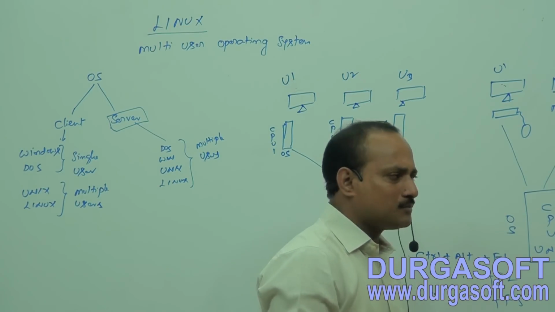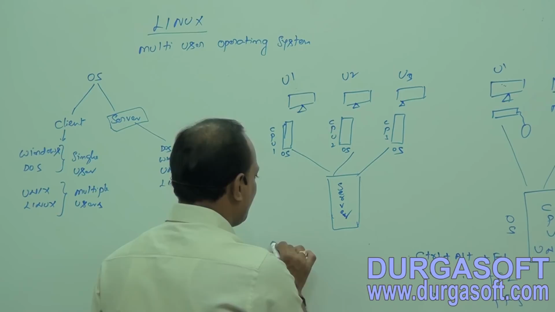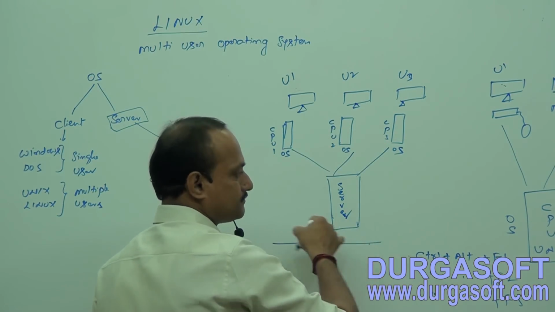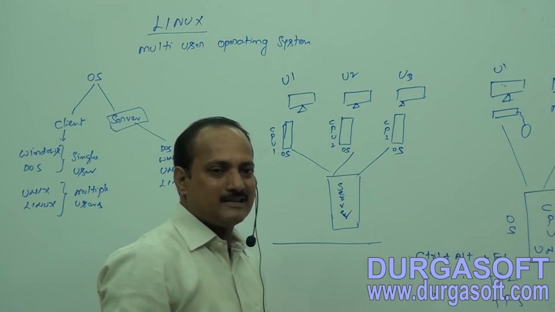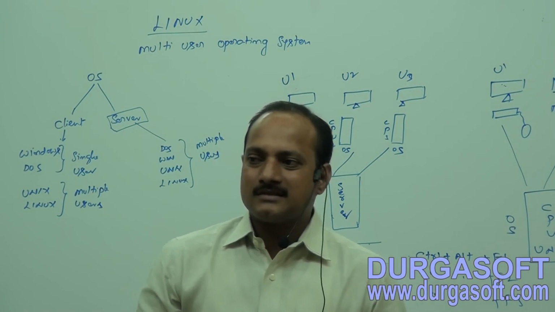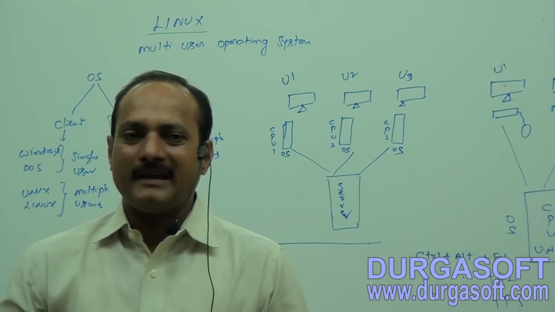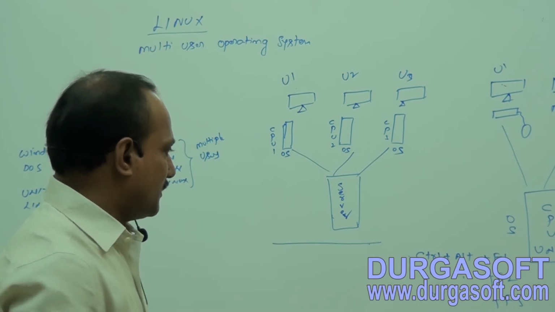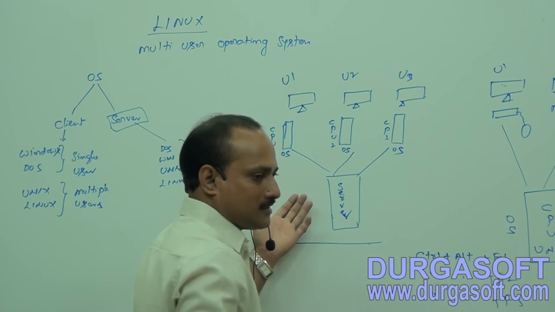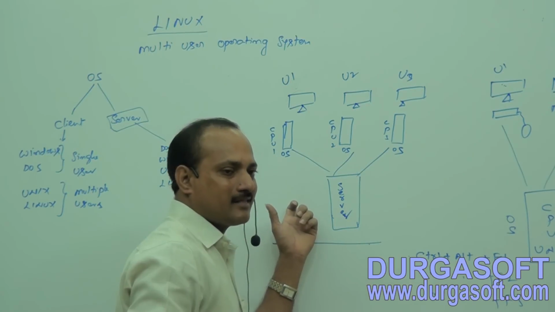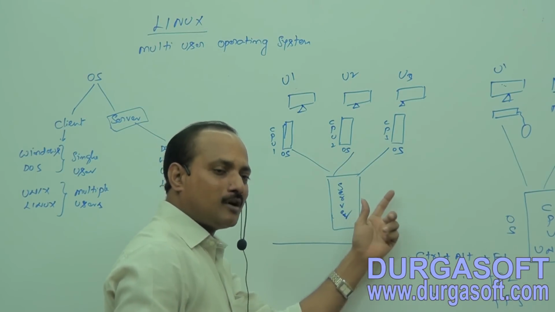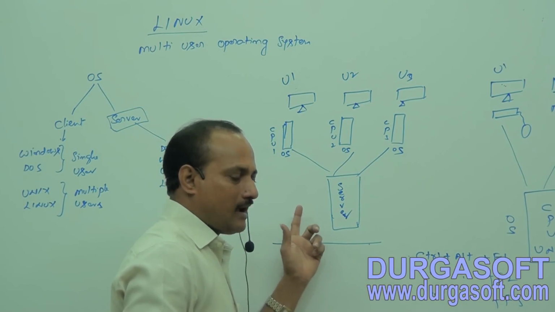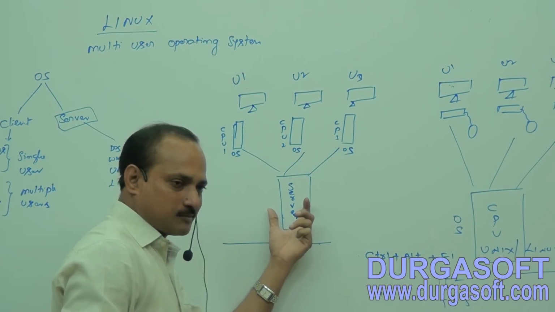Clear? And one more thing: you can implement your business system like this, or you can implement it like this. Which one is making more cost? The first one is making more cost. Why? Because here they have to maintain 4 CPUs, 4 operating system softwares and 4 system resources.